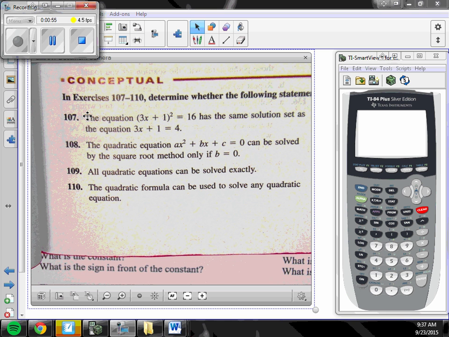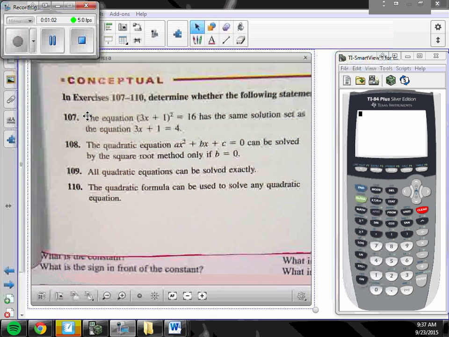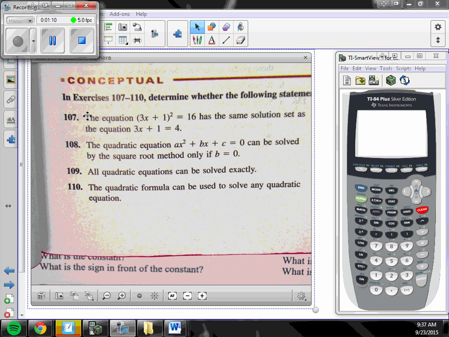You could just square root the top one, and then you get 3x plus 1 equals, it doesn't equal 4, it equals plus or minus 4. So the answer is certainly false. How else could you solve this?